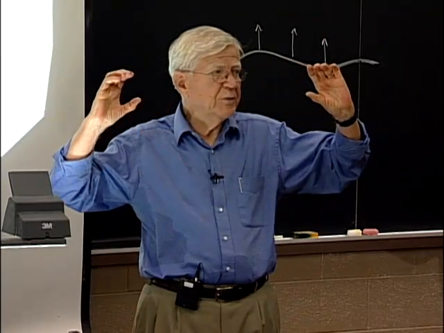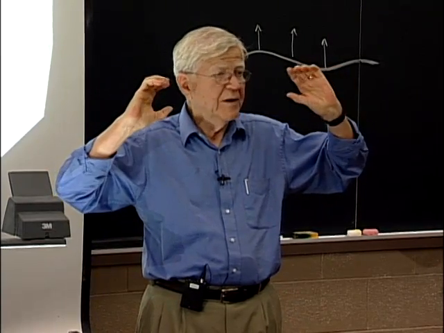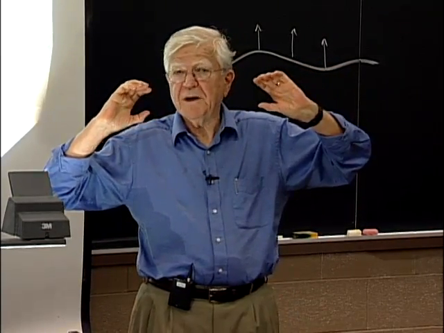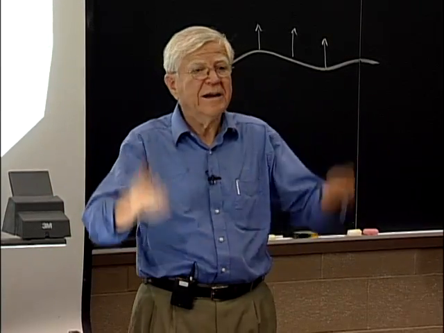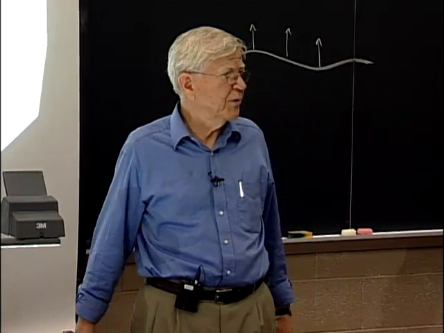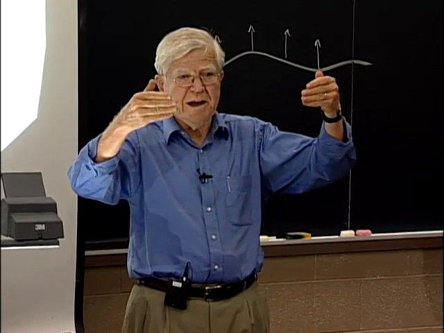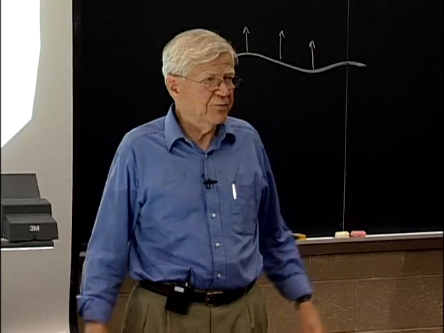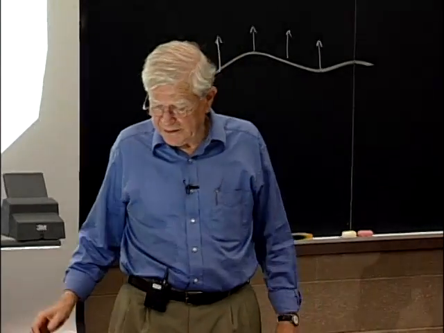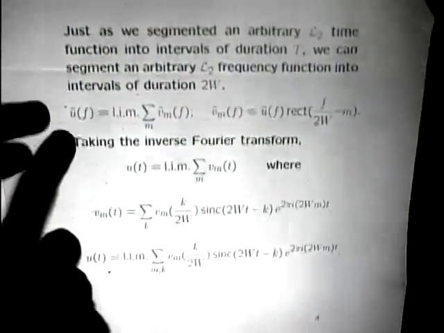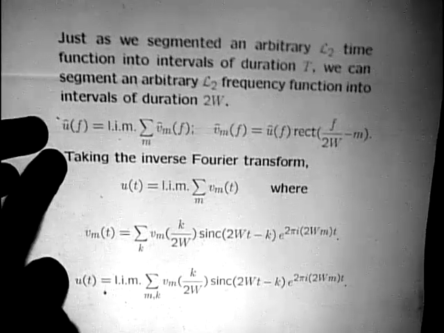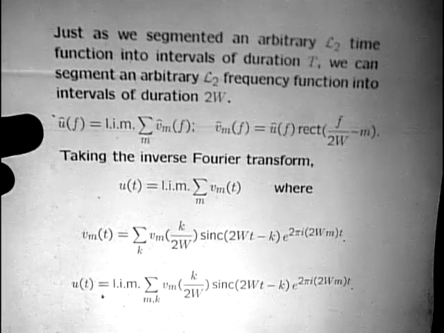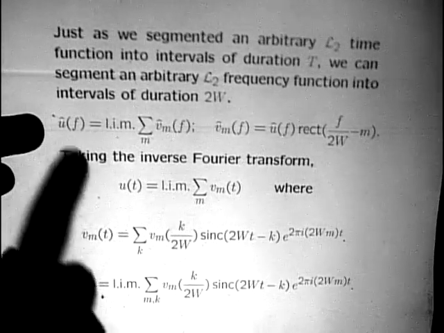Each one of those frequency bands can be represented both by a DTFT, which is the thing we just did on the last slide, and by a sampling theorem expression, which is what we get when we take the inverse Fourier transform of the DTFT. So when we do that, what we get is a perfectly arbitrary frequency function which exists from minus infinity to plus infinity.